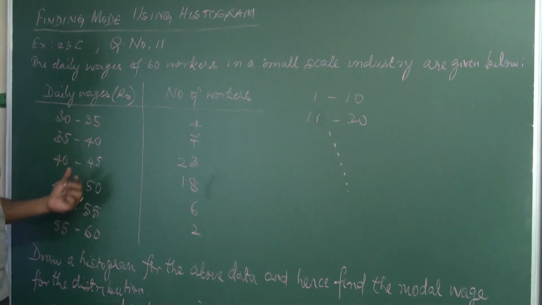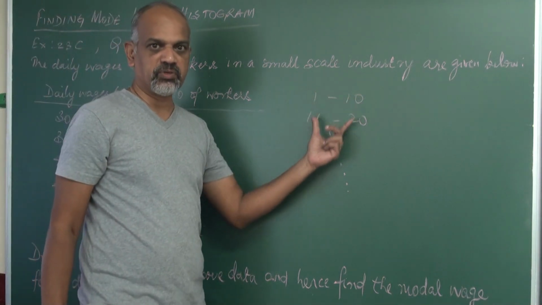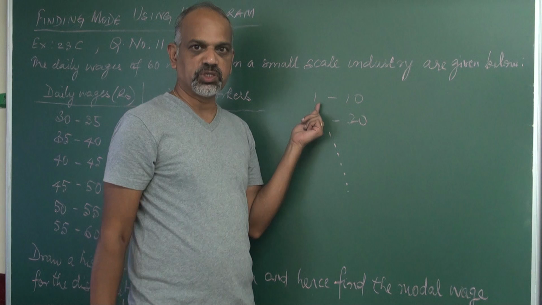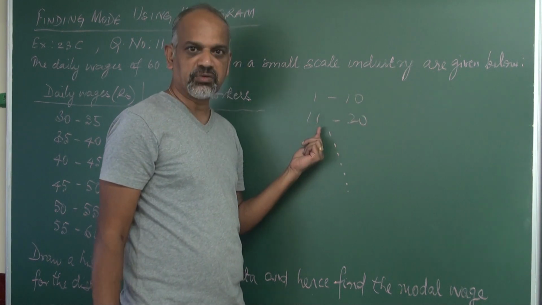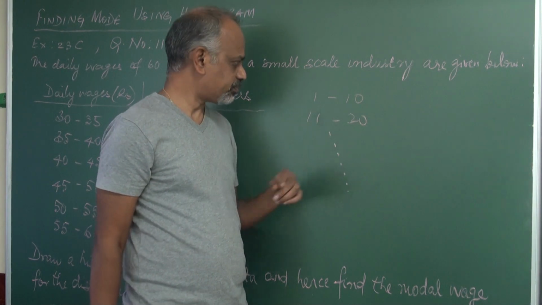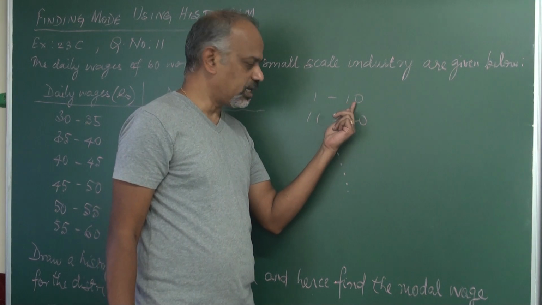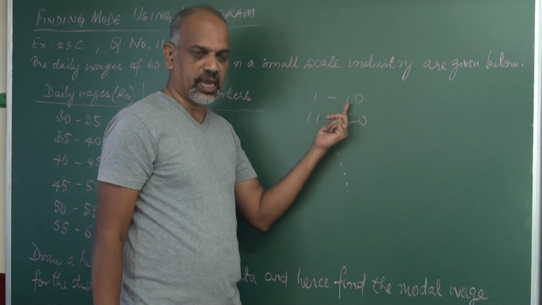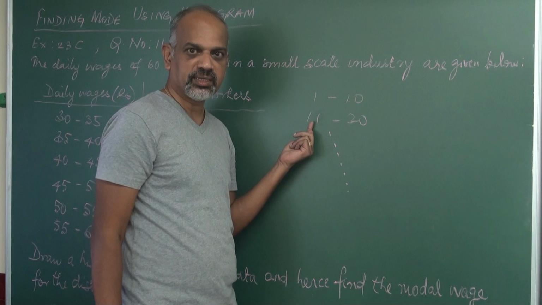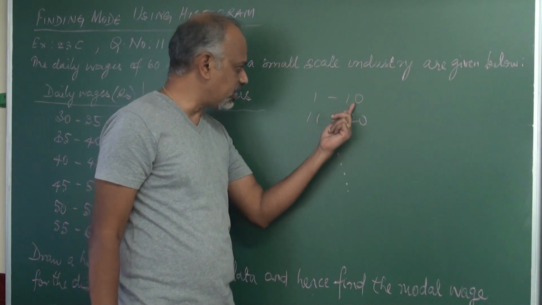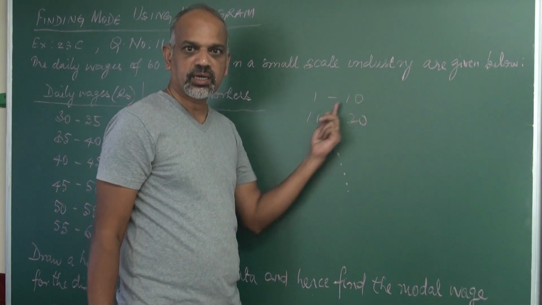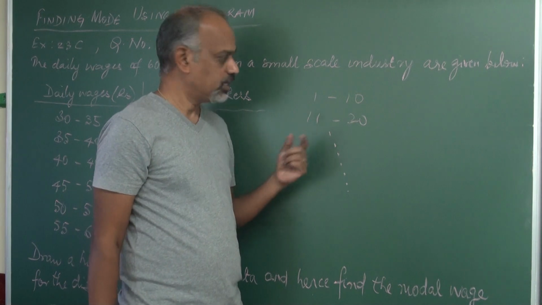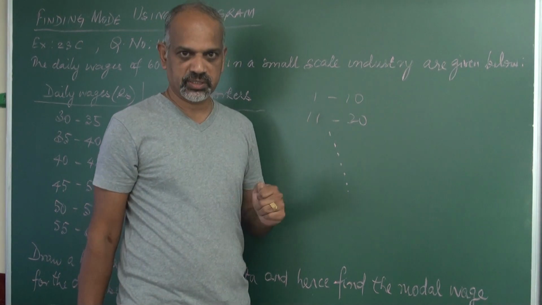This is just the example which I am giving you. The first class interval is 1 to 10, and the second class interval is 11 to 20. Here it finishes with 10, and the next one doesn't start with 10, it starts with 11. So here there is no continuity. So you will have to make this continuous.